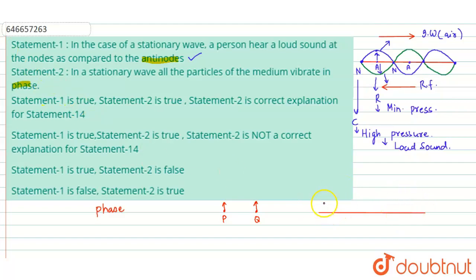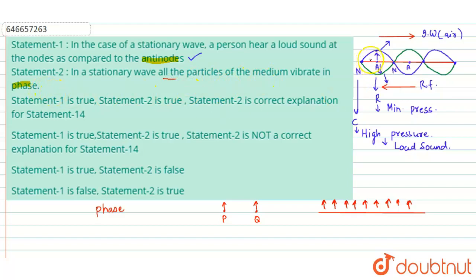We can say that in a stationary wave all the particles are in the same phase if at any instant all the particles of these loops are traveling in the same direction, and none of the particles is traveling in the other direction, downward or anywhere else. Then we can say that in a stationary wave all the particles of the medium vibrate in phase.